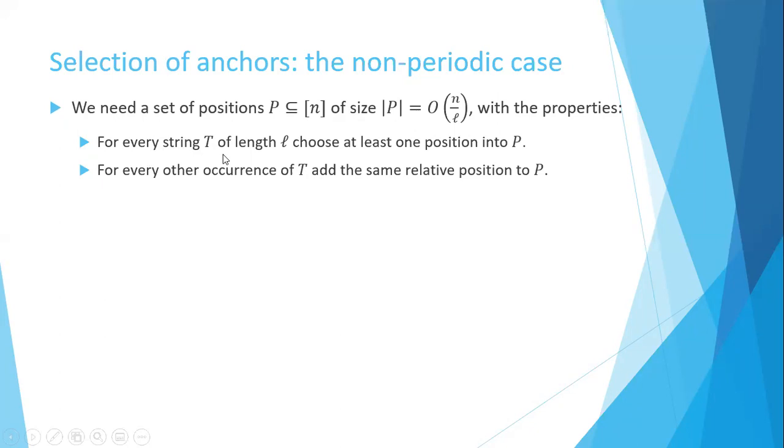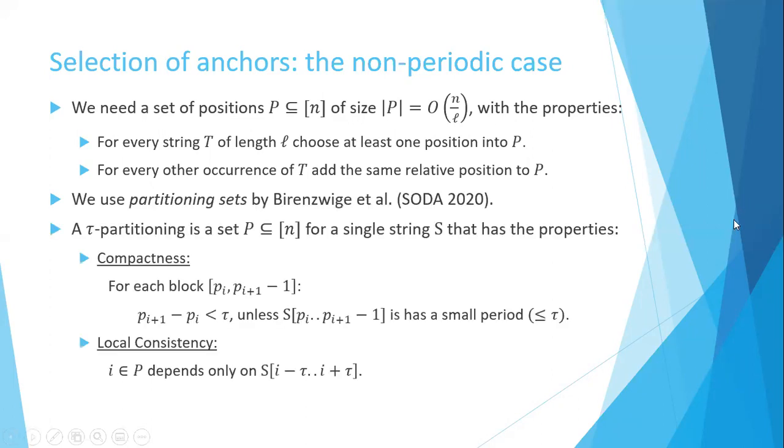For every string T of length L or above, we want to choose at least one position into P. And if this occurrence of T resides once again inside S, then we would like to add the relative position to the first position we have added into P. And for that, we have the nice partitioning set by Birenzweig et al., which gives us exactly what we need.